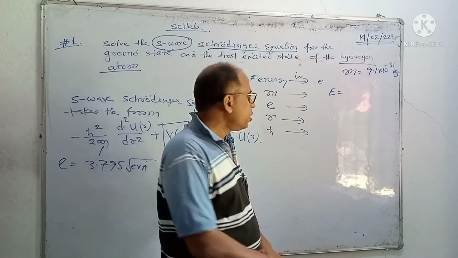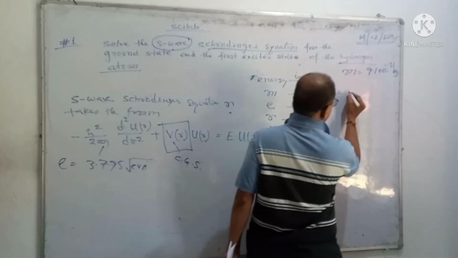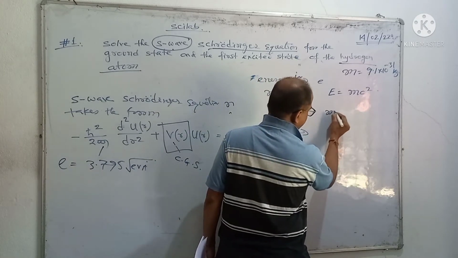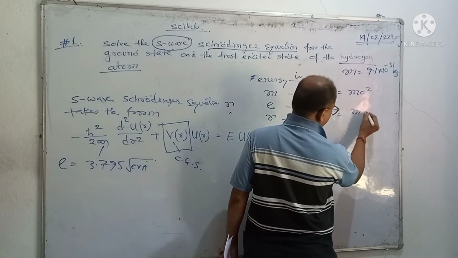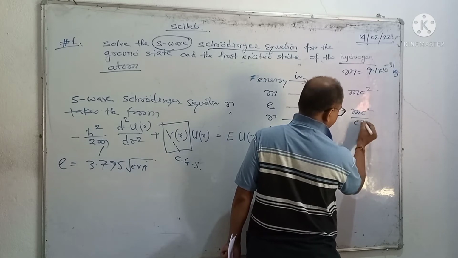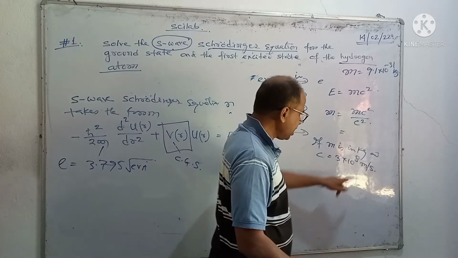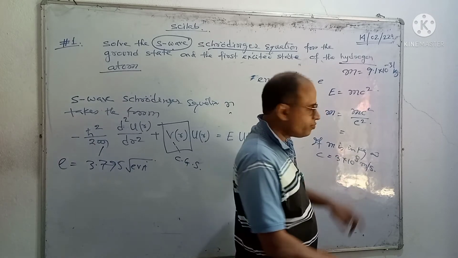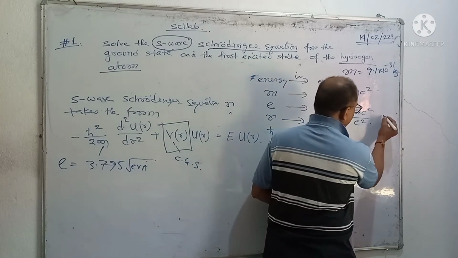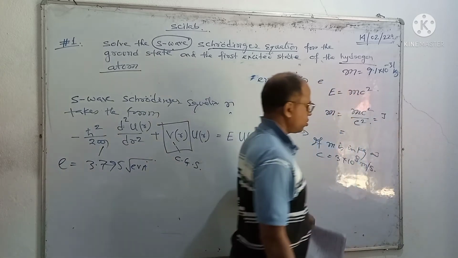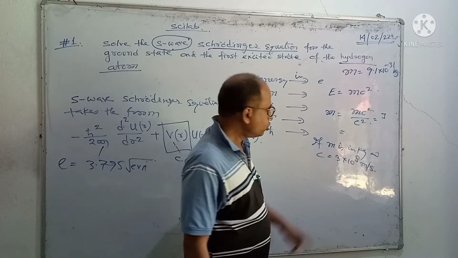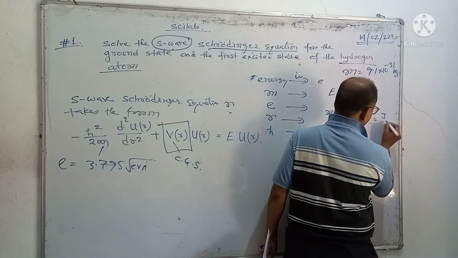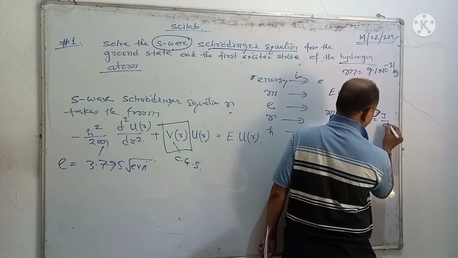We know E is equal to mc square. Therefore you can write m is equal to mc square by c square. If c is in meter per second and m is in kg, then mc square will be in joule. Then this one is equal to joule by c square.